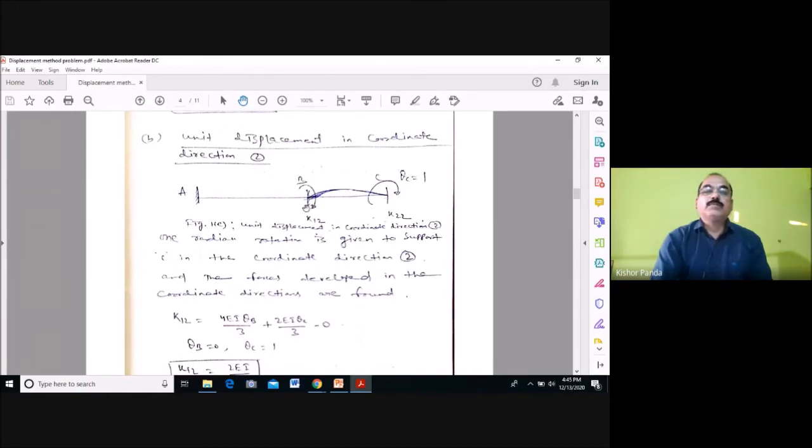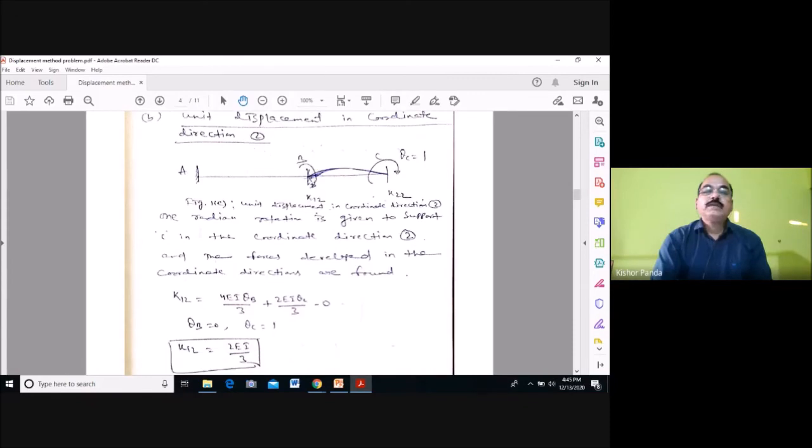What is the force developed at B at coordinate 1 and at coordinate 2? Similarly, here also you have to find K12, the force at 1 due to the unit displacement at coordinate 2, and then K22, the force at 2 due to unit displacement at coordinate 2. K12 is equal to 4EI theta B by 3 plus 2EI theta C by 3.